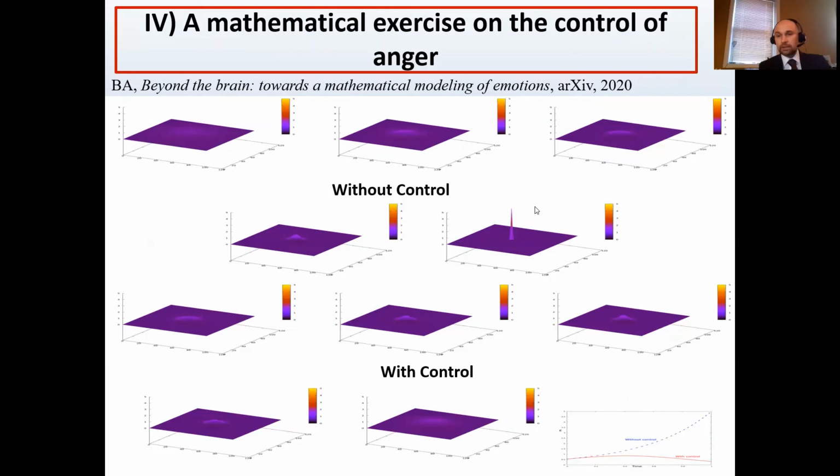It is close to the Dirac. Next, I apply a control. So it starts in a similar way. You see the third row and the first row are analogous.